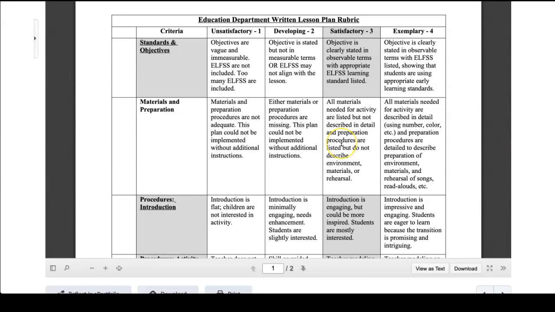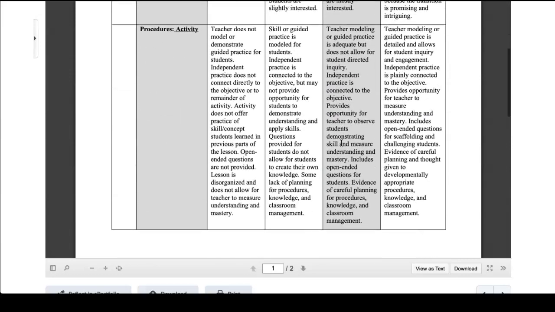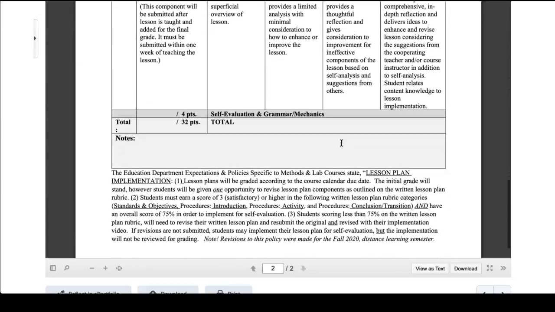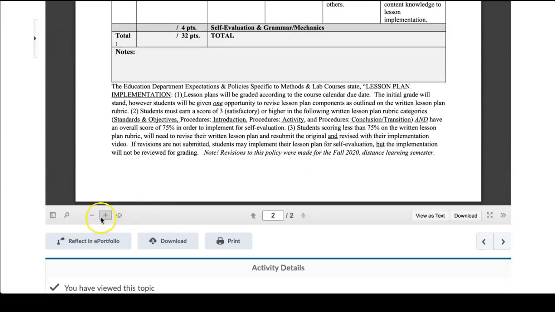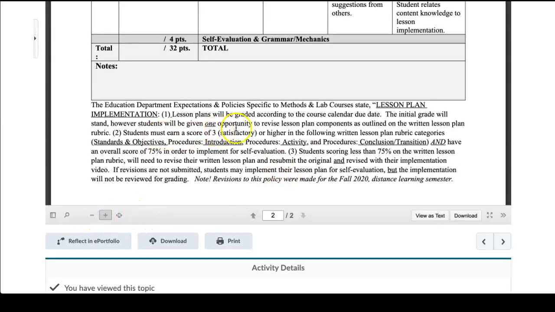Before we go through the individual criterion, we're going to look at the documentation and guidelines at the bottom. The Education Department expectations and policies specific to methods and lab courses state: lesson plan implementation. Lesson plans will be graded according to the course calendar due date. The initial grade will stand.